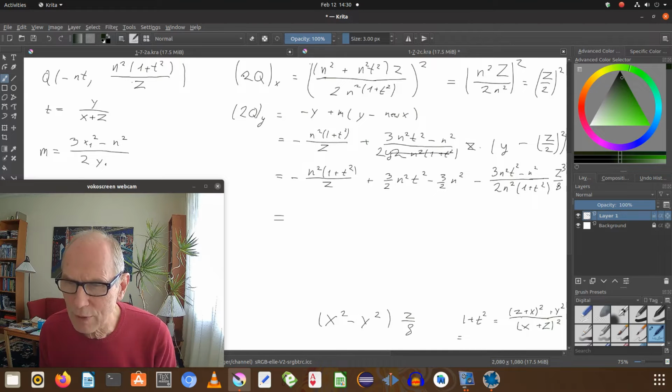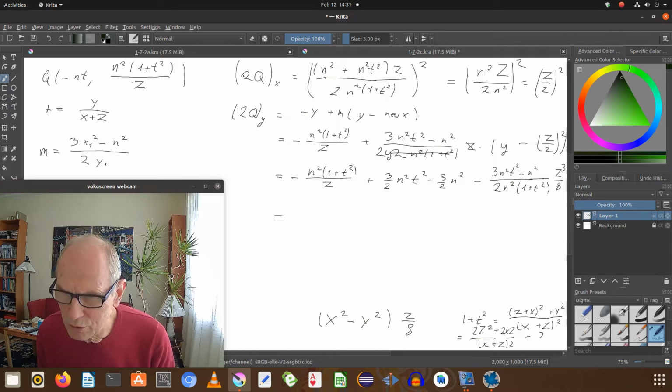x squared plus y squared gives z squared. So we get 2z squared plus 2xz divided by (x plus z) squared equals 2z. So we get (z plus x) divided by (x plus z).